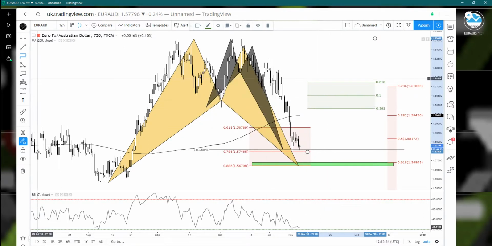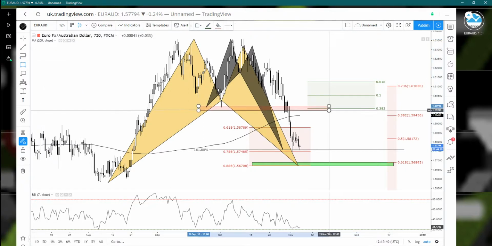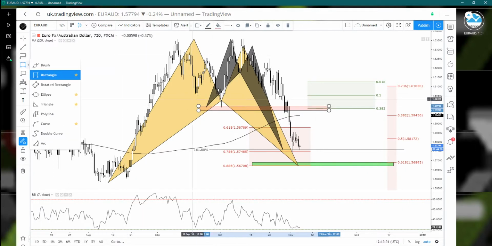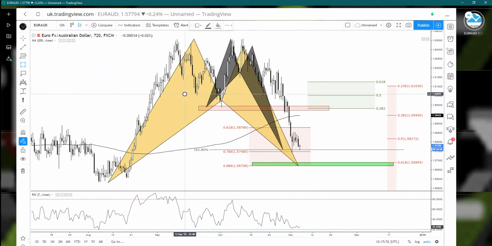So again, we have nice previous structure, this kind of pivot here. This previous structure support synced with the 38% retracement. Actually, it's even better because it will retest the previous structure support and the previous one.